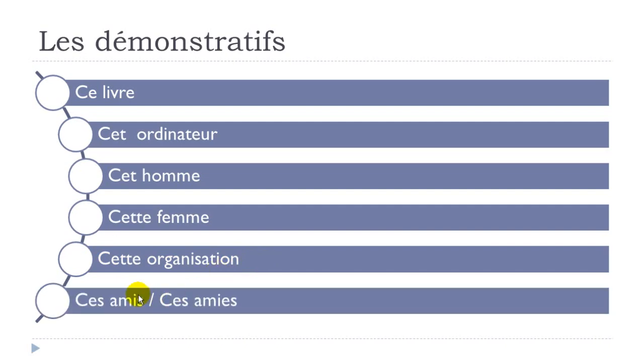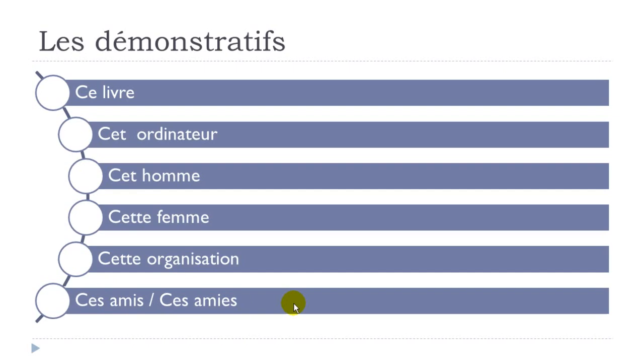And then plural, so we've got friends here at the masculine plural form, and then friends here at the feminine plural form, but the adjective démonstratif here, as you can see, will be the same. Ces amis, ces amis.